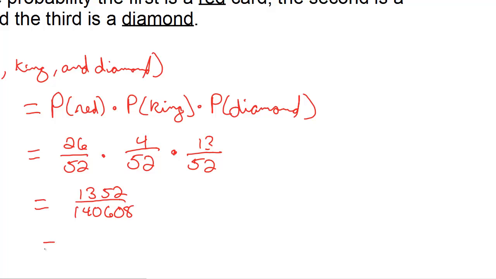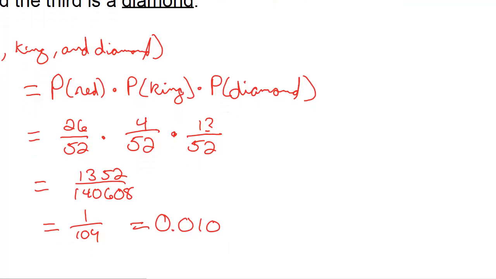And if I did, I would get 1 out of 104. The easiest thing with this large of numbers is to put it into 3 decimals, which is going to be 0.010. Because remember, again, we are going to round to 3 decimal places when we're looking at this.